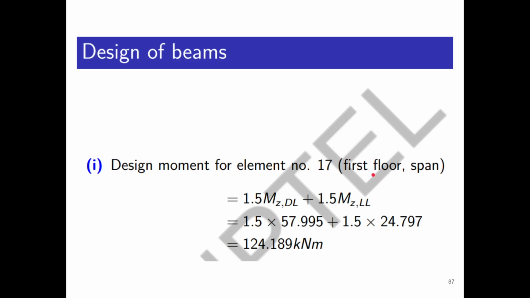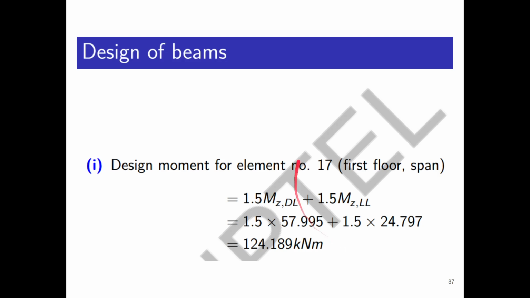If the roof is having 500, then the third floor will be having 500 plus something, the second floor 500 plus something, then the first floor 500 plus something plus something, and the ground floor will be having the maximum. But the ground floor will be distributing everything to the ground, so it will actually not be having any load. That means the maximum load will be carried by the first floor, the floor just above the ground floor.